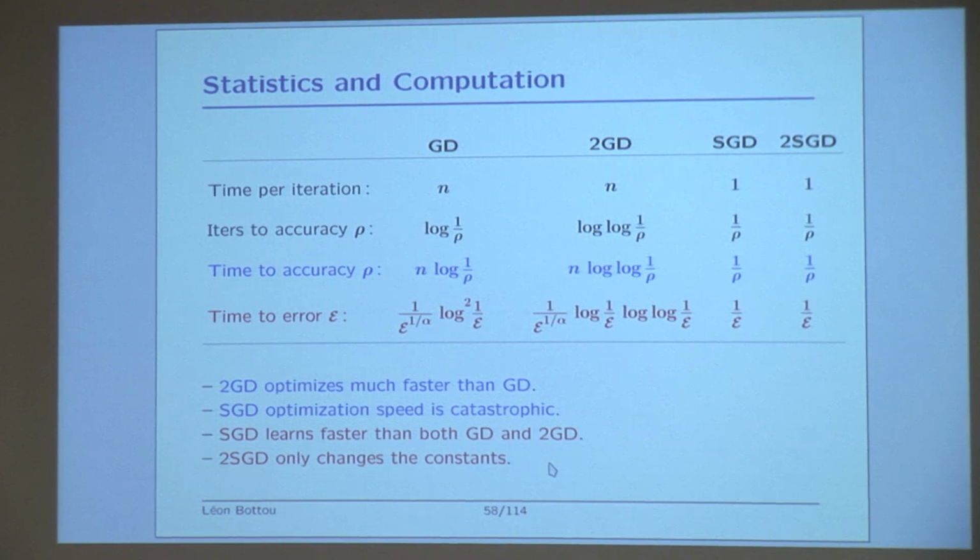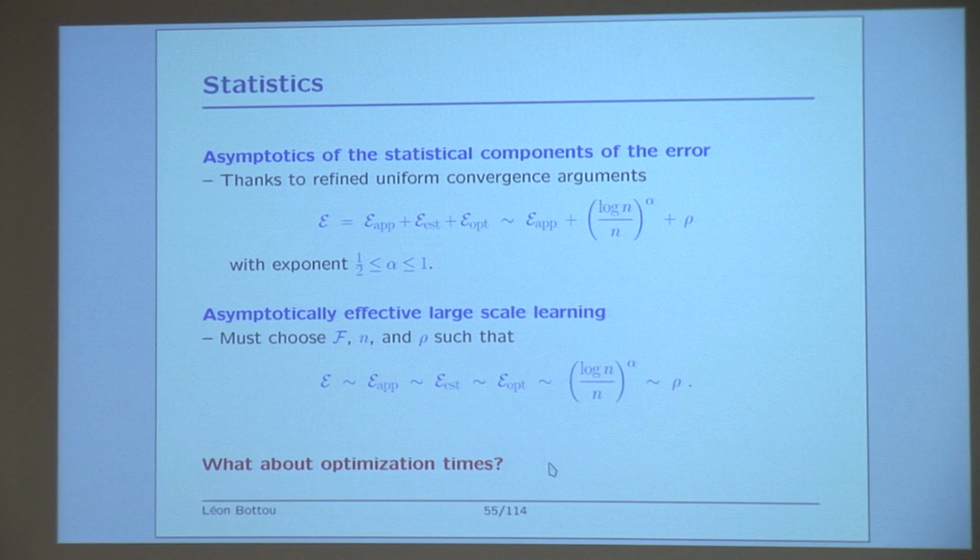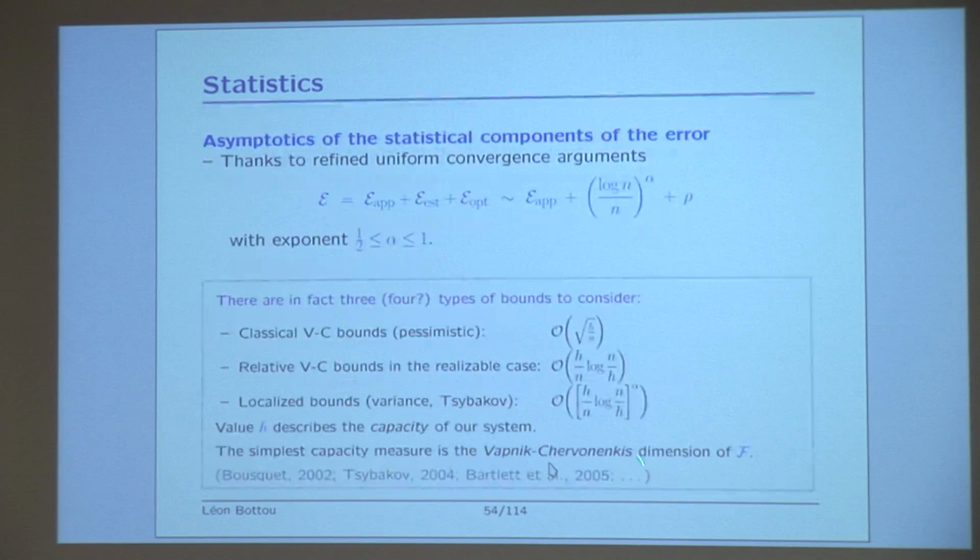I was just wondering about the log n over n, the estimation error. Where did that come from? It comes from all these results. There is a lot of literature behind each of these lines. People looked at estimation error and they tried to look at the complexity of approximation plus estimation error.